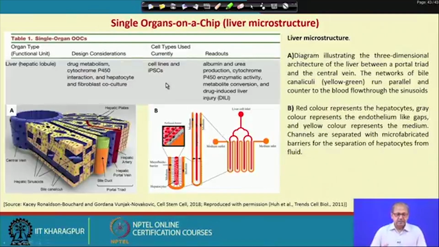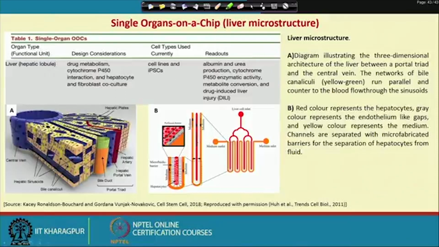Liver is an organ that is a chemical factory where drugs are metabolized and a lot of proteins are synthesized. So, what is the unit of the liver? The unit of the liver is the liver lobule. This is a representative example of liver lobules.